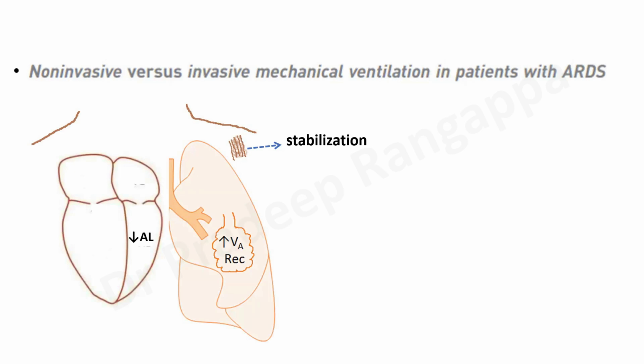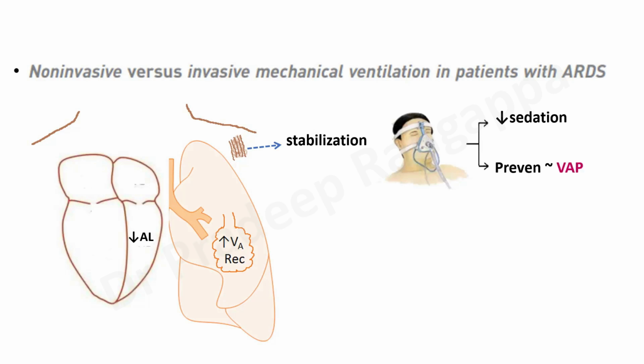So this is the way NIV helps in any respiratory failure. The argument is that use of non-invasive ventilation in ARDS reduces the need for sedation of the patients. The patient doesn't need to be sedated to be on NIV, and it does reduce the risk of them developing ventilator-associated pneumonia. So this is an argument.